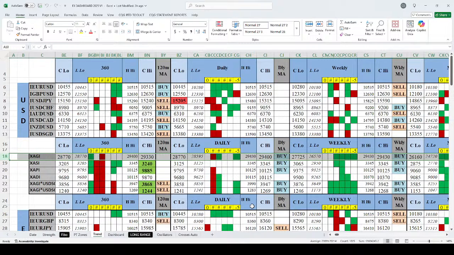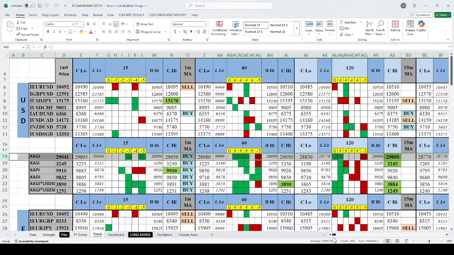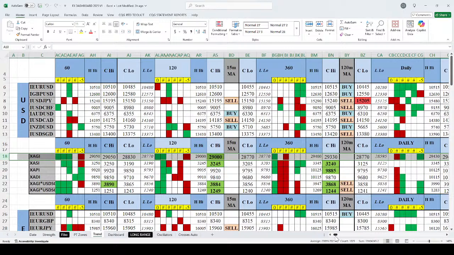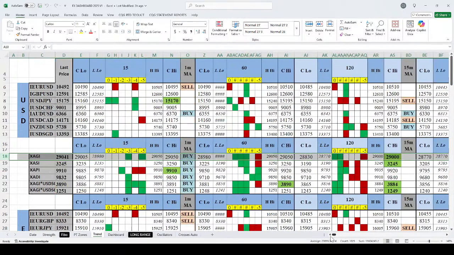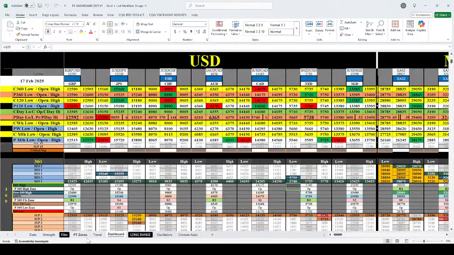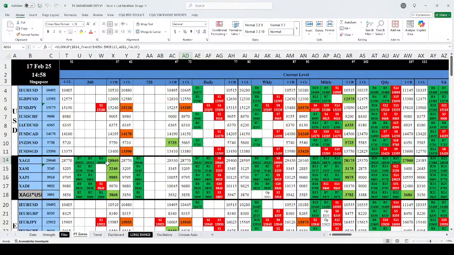Okay, the levels which we need to pay attention to are 2877 to 2933, which is the 360 high. So if we are going for a lower level, I can't find anything on lower high on the system. Okay, 2933.